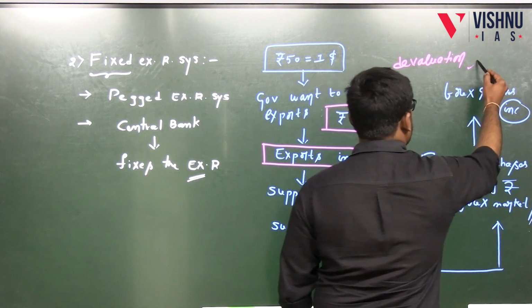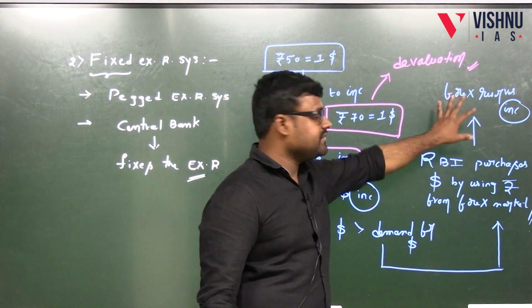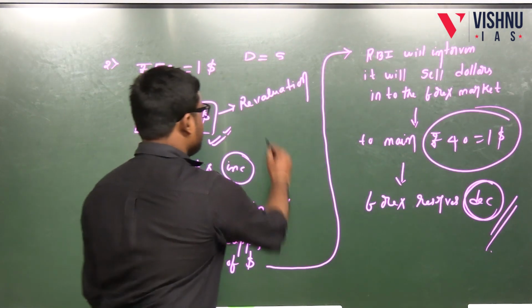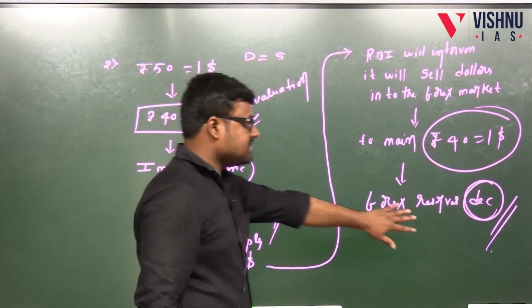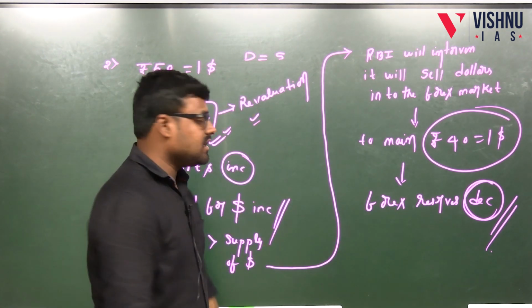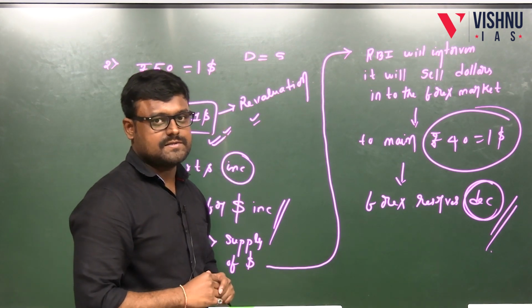When the case is devaluation, what is happening to the forex reserves? They increase. This revaluation and devaluation come under the pegged exchange rate system or the fixed exchange rate system.